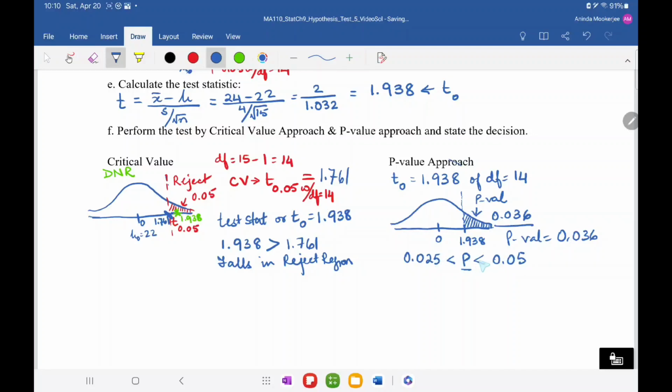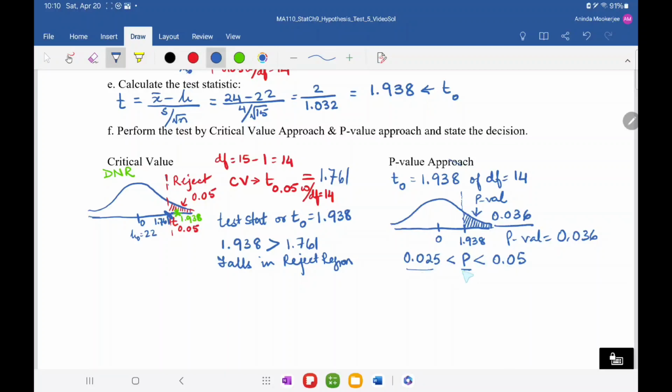And as we can see, 0.036, which we found from our calculator, is greater than 0.025 and less than 0.05. So it fits this.